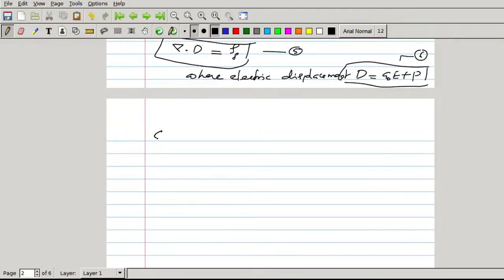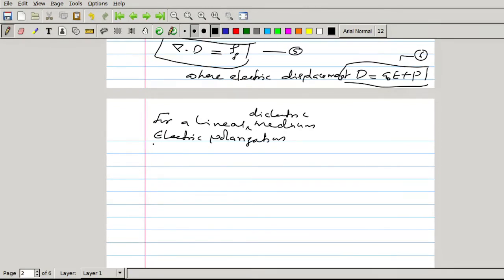The electric polarization for a linear dielectric medium will be proportional to the electric field intensity E. P is proportional to E. To change the proportionality sign to an equal sign, we multiply by a constant.